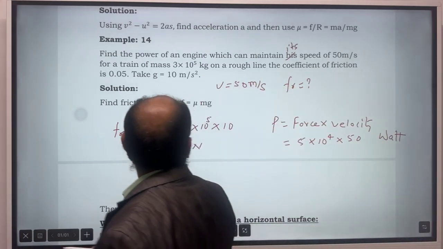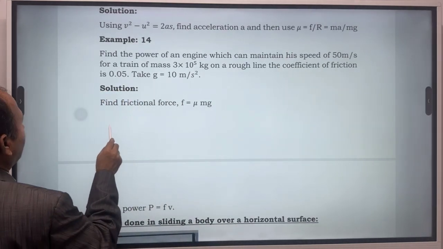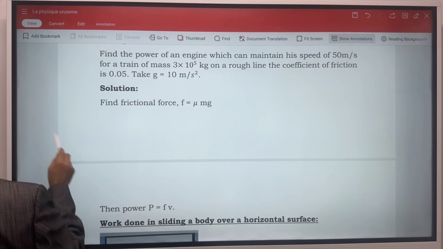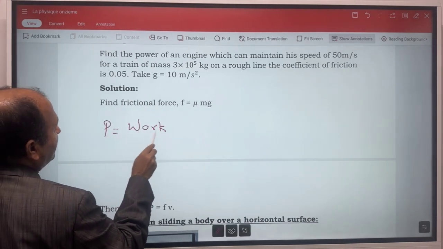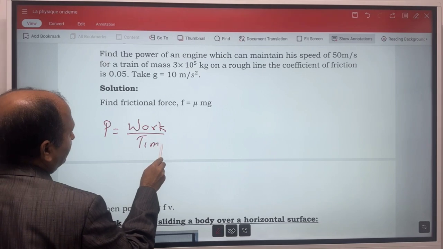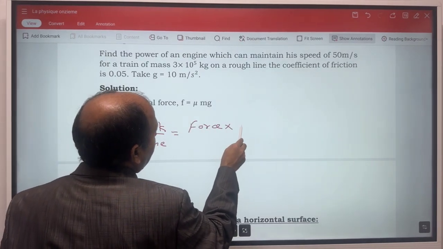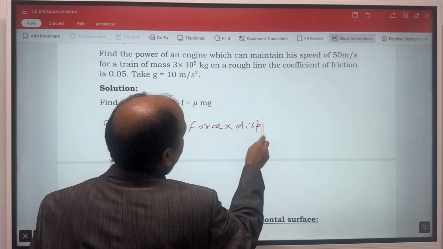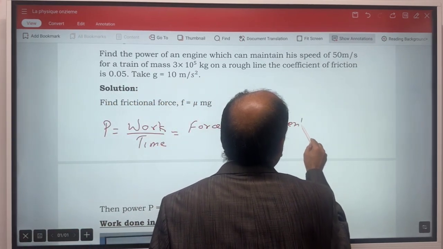If you have a doubt why power equals force into velocity, I can tell you. See, power is work upon time, that is force into displacement divided by time.